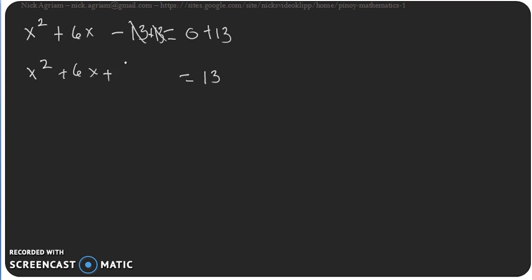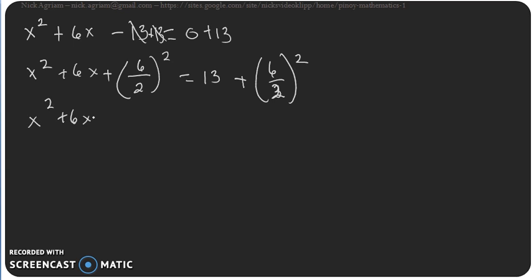The third term is always half of the second term squared. Then I have to do that also. 3 squared on the left side and on the right-hand side of the equation: x squared plus 6x plus 9 is equal to 13 plus 9.